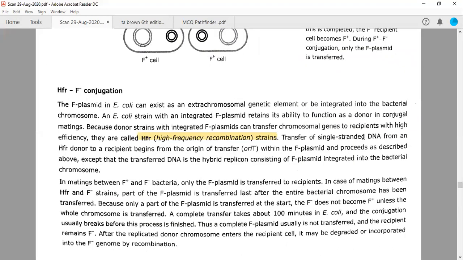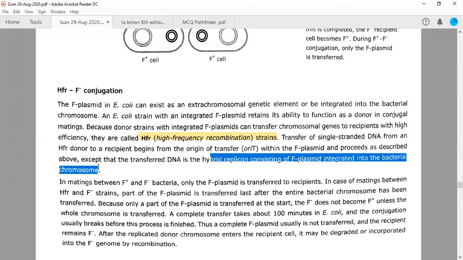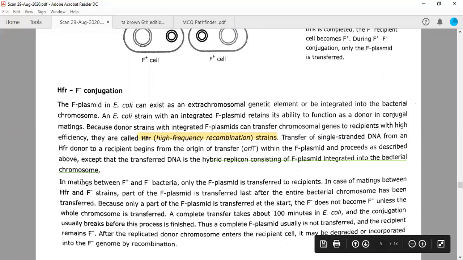So the transfer of single-stranded DNA from the Hfr donor to the recipient begins from the origin of transfer, or oriT, only within the F plasmid and proceeds as described above, except that the transferred DNA is a hybrid replicon, which is actually made up of F plasmid integrated into the bacterial chromosome, right? In matings between F positive and F negative bacteria, only the F plasmid is transferred to the recipient.